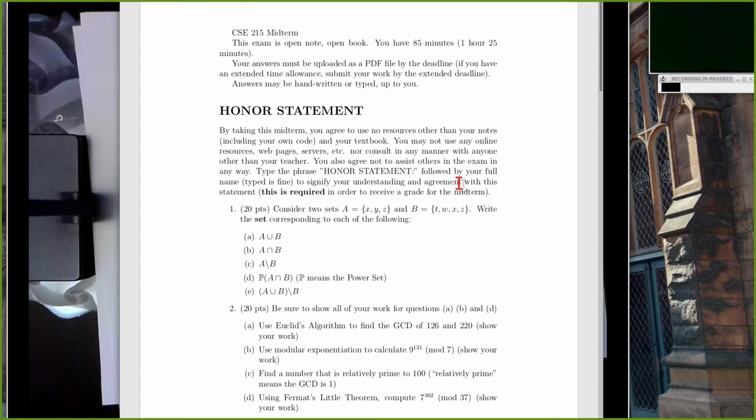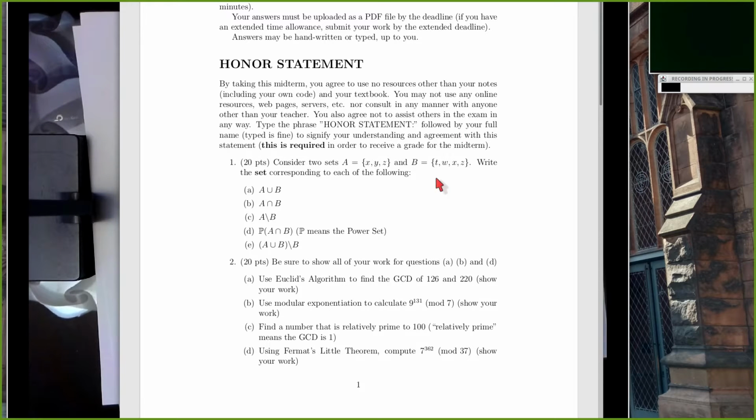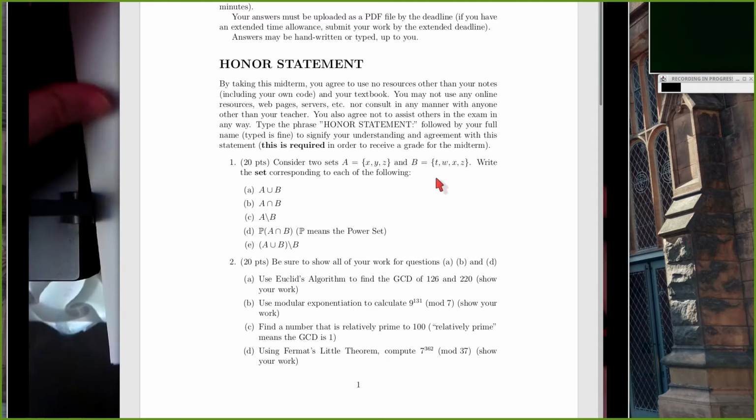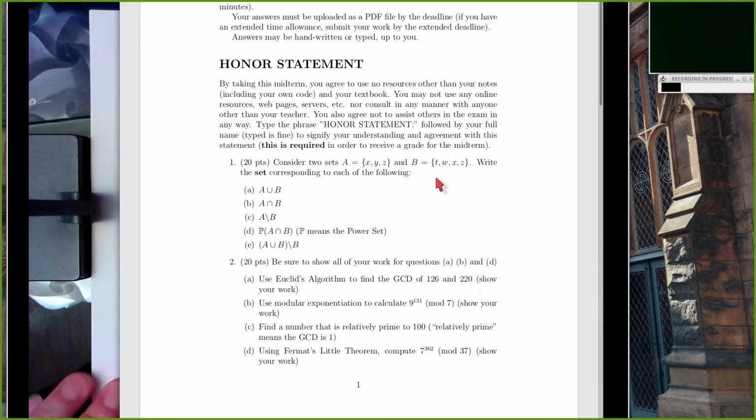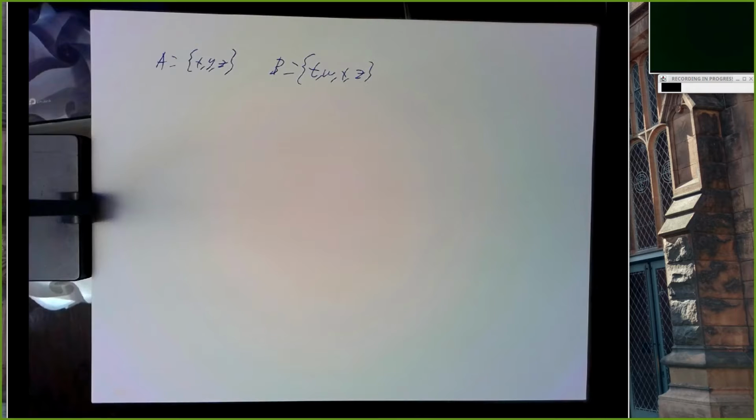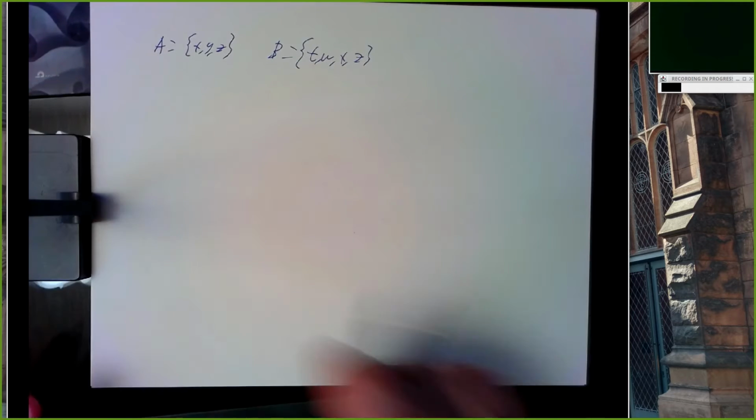And so the first question was set theory. So a pair of sets, A and B, and let me write these down. A is {X, Y, Z}, and B is {T, W, X, Z}. All right, so first question, find the union.